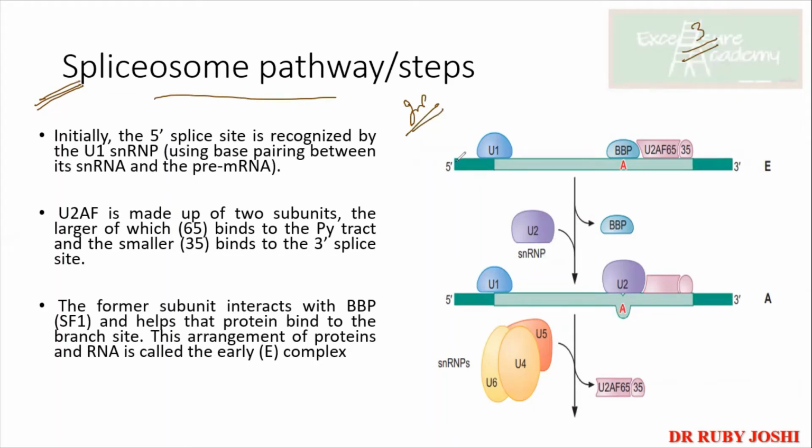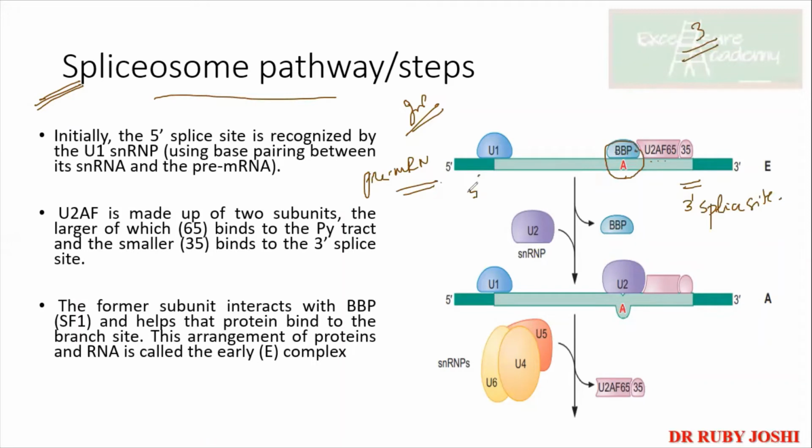Okay. So first we have the mRNA. This is known as pre-mRNA. Now as I mentioned, U2AF will go and bind to the 3' splice site, correct? And BBP, that is your branch point binding protein, will come over here where your A is.